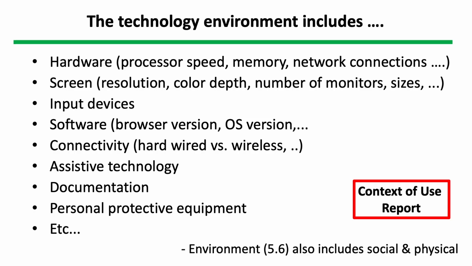And if you look at the frequency of use, people are using a wide variety of browsers, not just Google Chrome. Connectivity: obviously wired tends to be faster than wireless. Assistive technology: some tasks require wearing personal protective equipment, so you need to account for that. And finally, the environment also has physical and social elements. Given space, I've not identified them here.